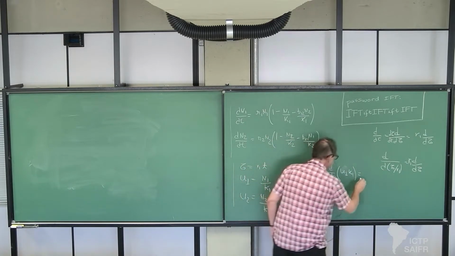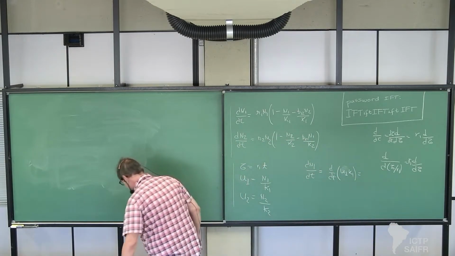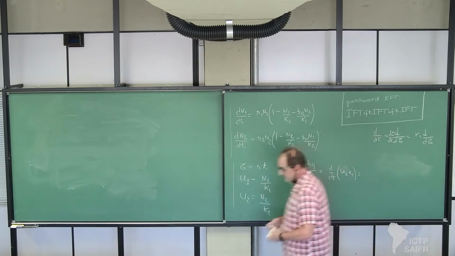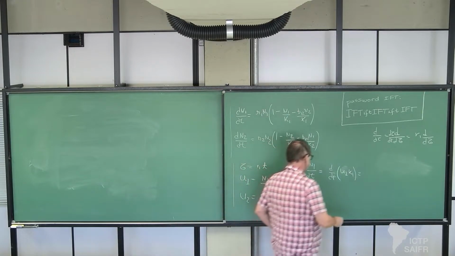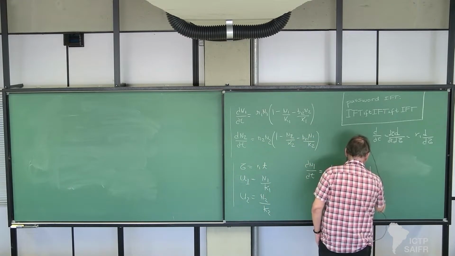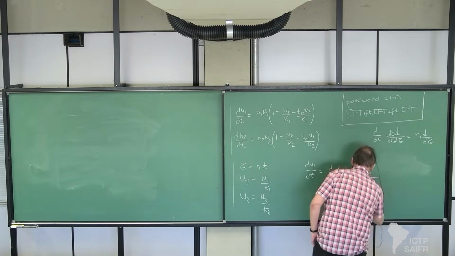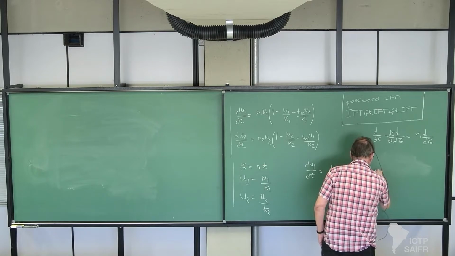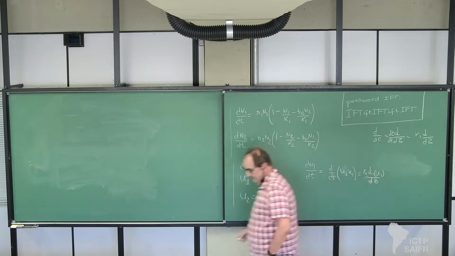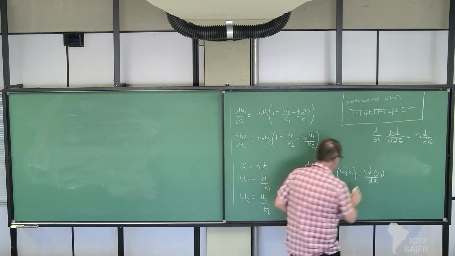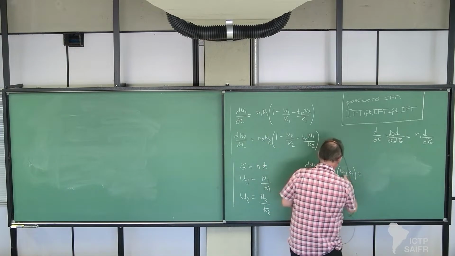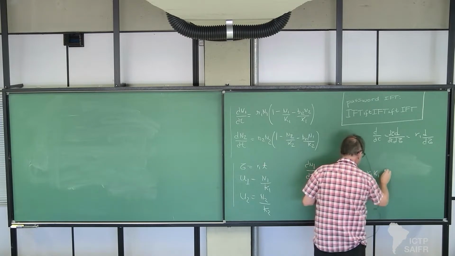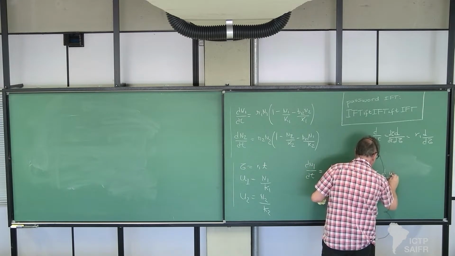So this is r1 times d/d tau of u1, and sorry, it's ugly. So you will have r1 k1 times d/d tau of u1.